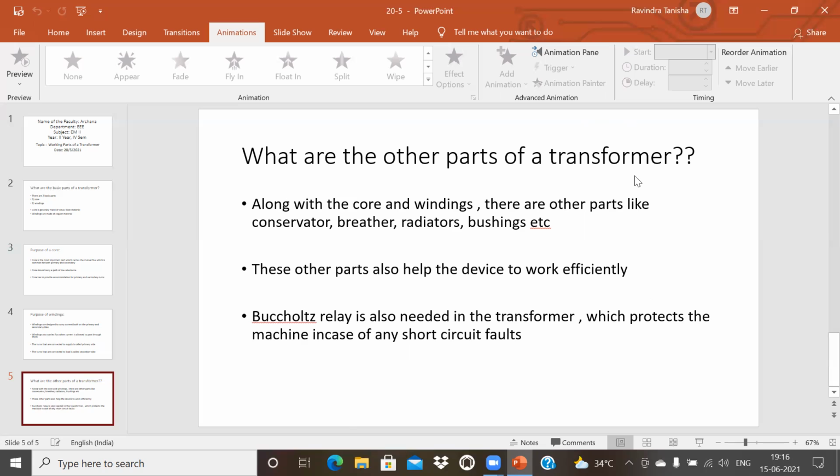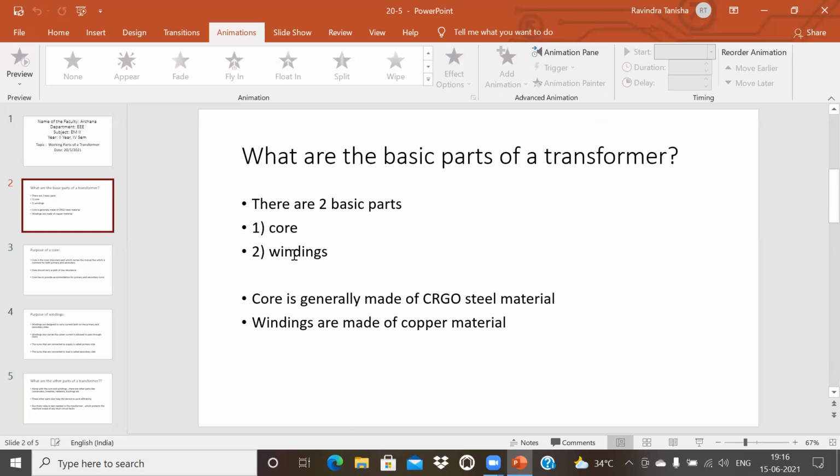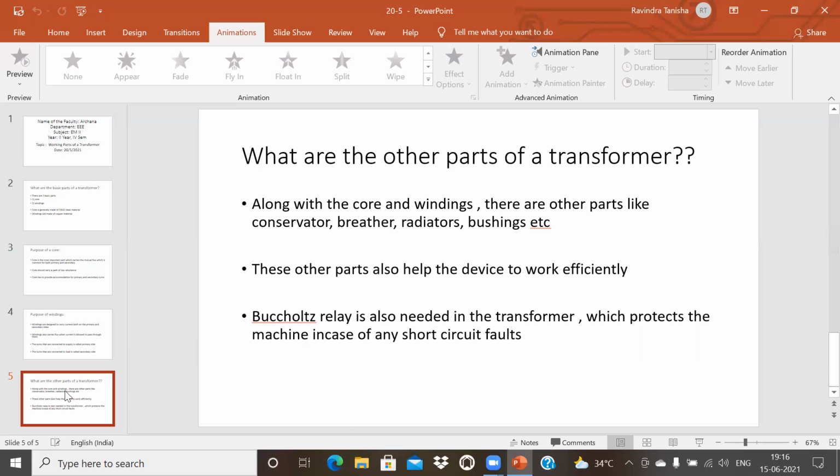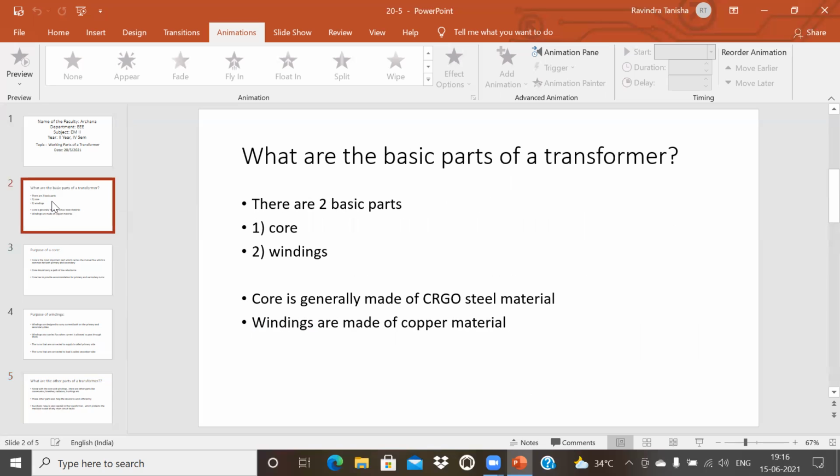Along with the core part and winding parts, we have to discuss these other extra parts also. All these extra parts will be there in heavy transformers. But in the laboratory where you do experiments, only these two parts are visible, whether it is a core type transformer or a shell type transformer.